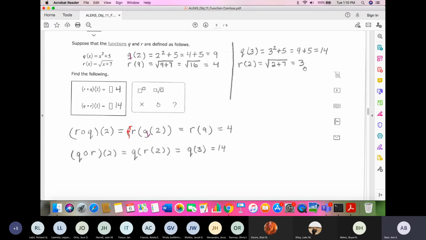The square root of 9 is 3. So we take out the R of 2 and put 3 in its place. We still have this Q, and we still have this outside parenthesis here, and 3.